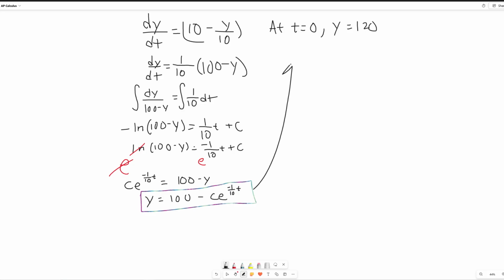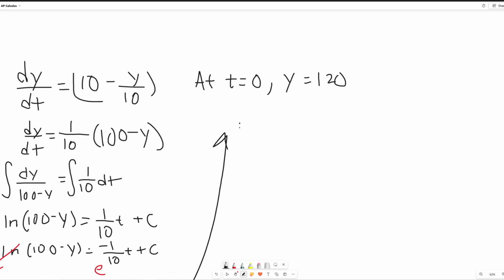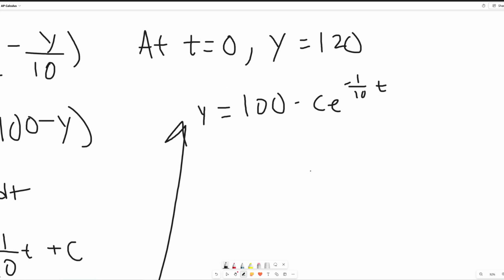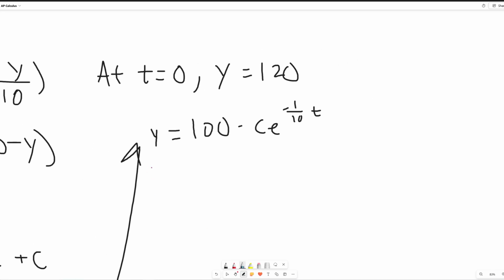Now, we take that general solution and bring it up here. So, y equals 100 minus ce to the negative 1/10 t. At t equals 0, y equals 120. So, 120 equals 100 minus c, since e to the 0 is 1.